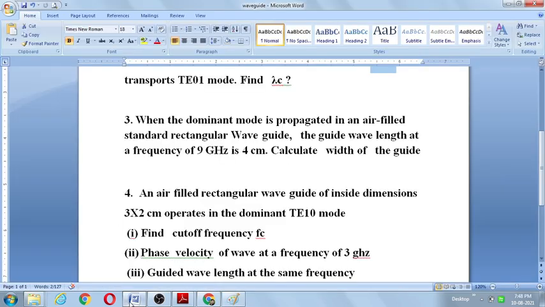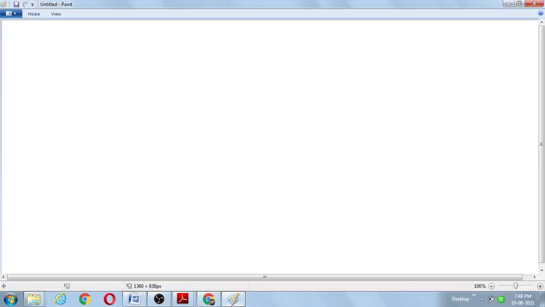So just observe the problem. Here the rectangular waveguide is operated in TE10, frequency is equal to 9 GHz and lambda g is equal to 4 centimeters. The rectangular waveguide is operated in dominant mode, that means TE10.